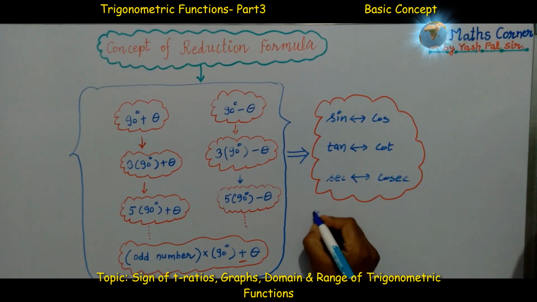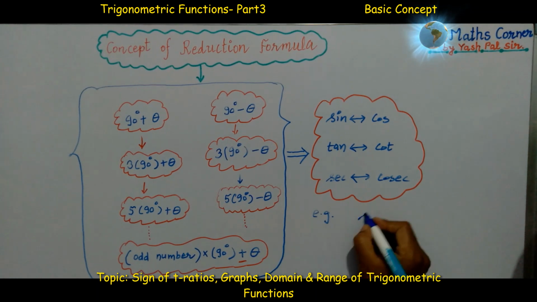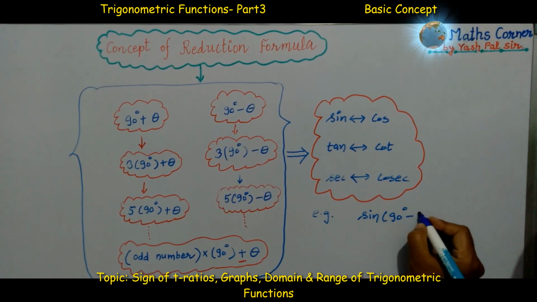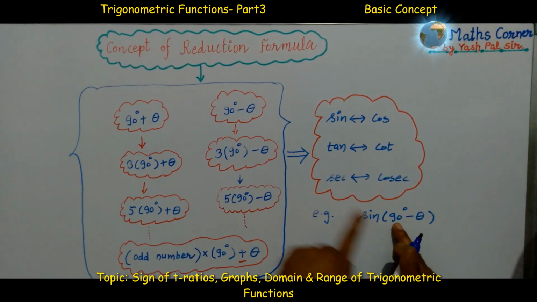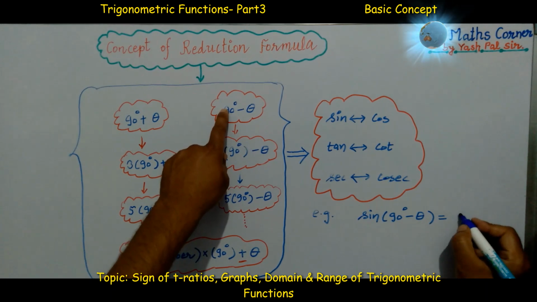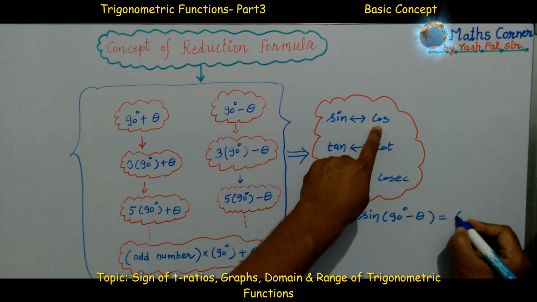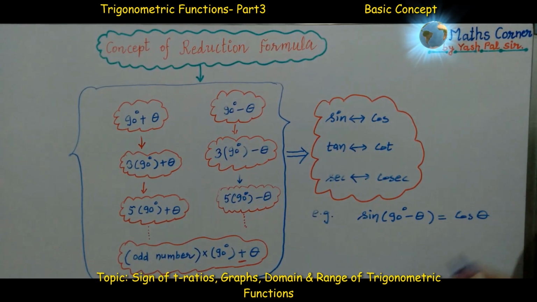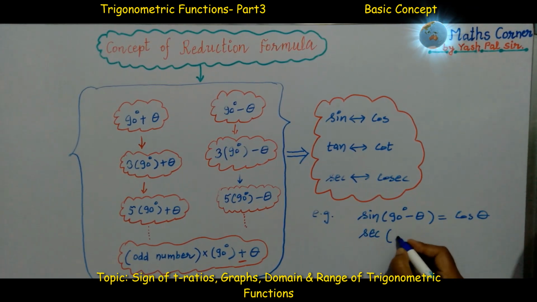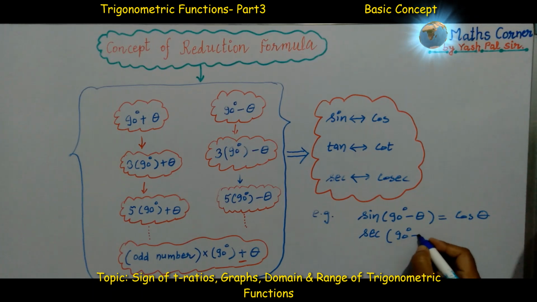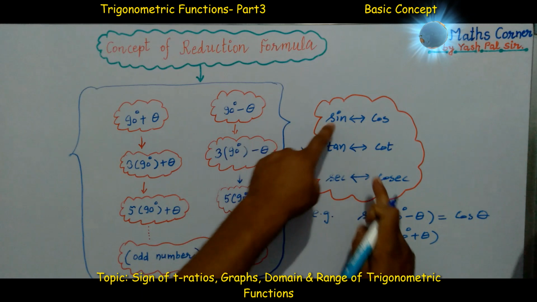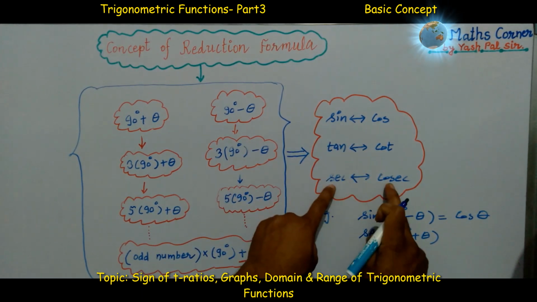For example, sine 90 degree minus theta, because 90 degree minus theta, so what we say, this mean sine becomes cos theta. Similarly, secant 90 degree plus theta, it means secant will become cosecant.